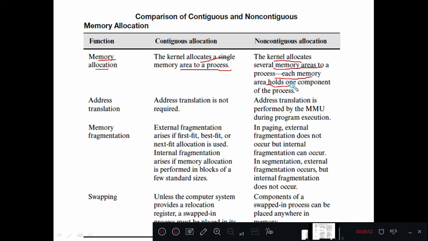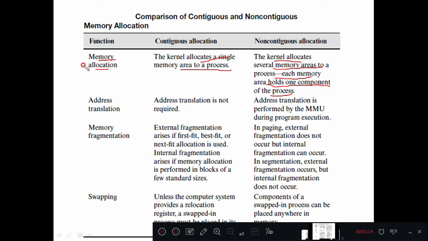Each memory area holds one component of a process. The entire memory is not going to hold the entire process. That entire process is divided into a number of components, and each component will be held in a free space, right? So in this way the kernel is going to allocate part of a memory to part of a process.